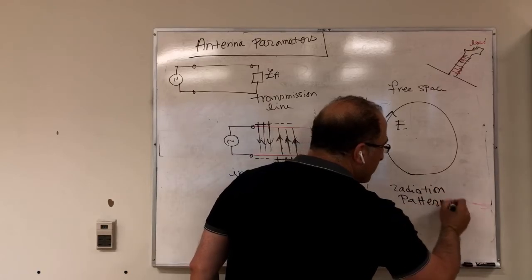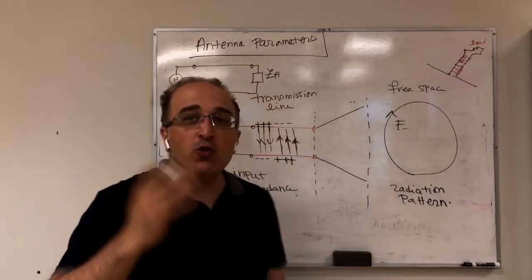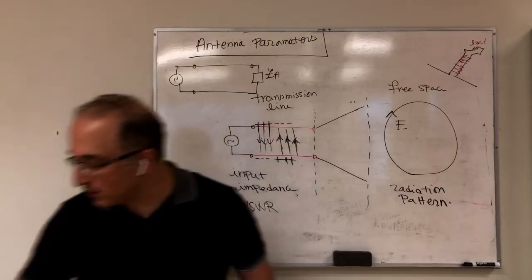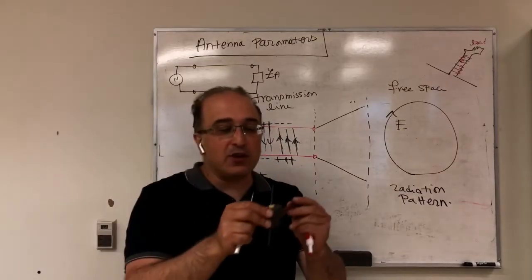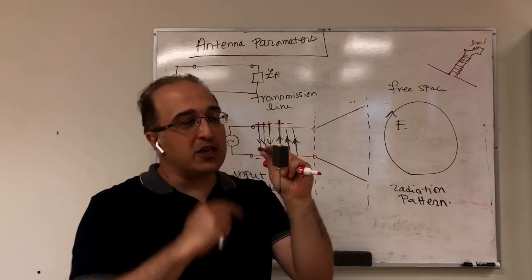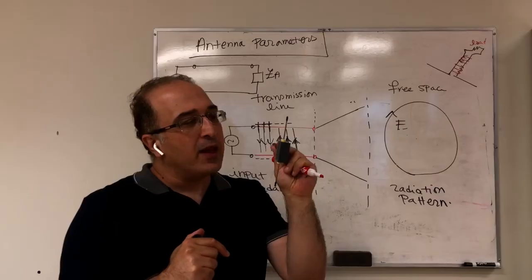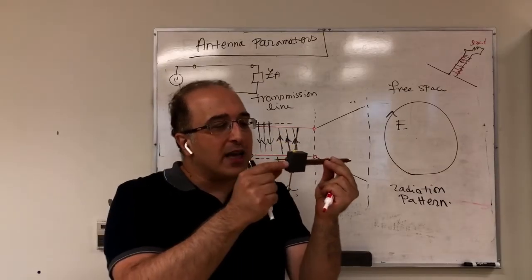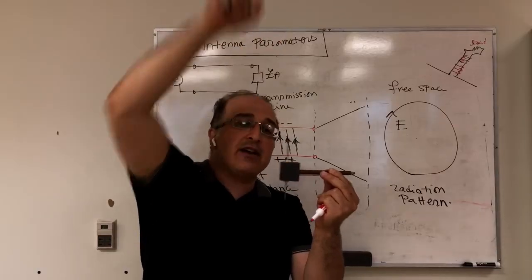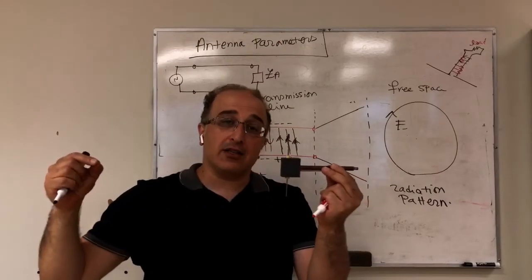This is something that we actually do a lot in our measurement lab, where we measure the radiation pattern of the antenna. So for example, if you look at this dipole antenna that we measure in our lab, we'd like to know, for example, does it radiate more toward this direction or more toward this direction?